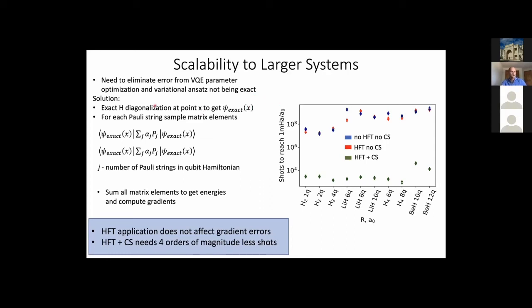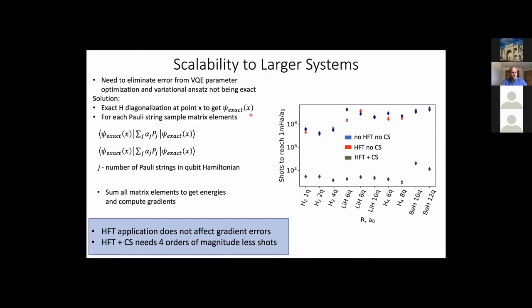So what we do is exact diagonalization at the central point to get the exact wave function for these molecules. Different numbers of qubits represent the cases where we use or don't use the symmetry to reduce the number of qubits.